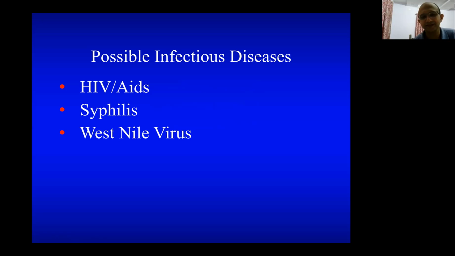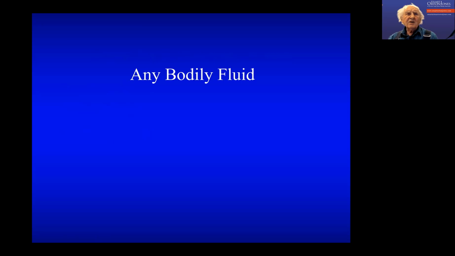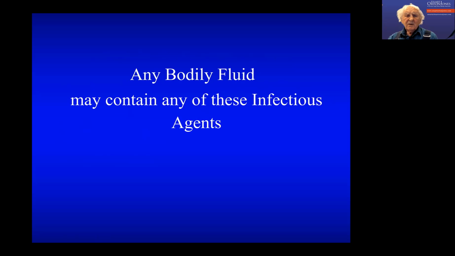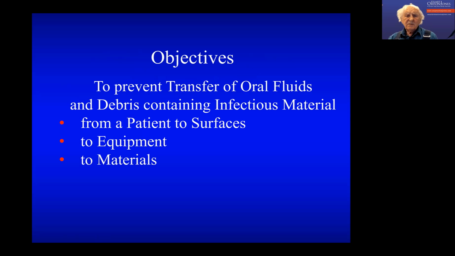I don't know. It's something that people in America worry about, okay? It may not be a disease which you worry about in India. You've got enough already. So any bodily fluid may contain any of those infectious agents.